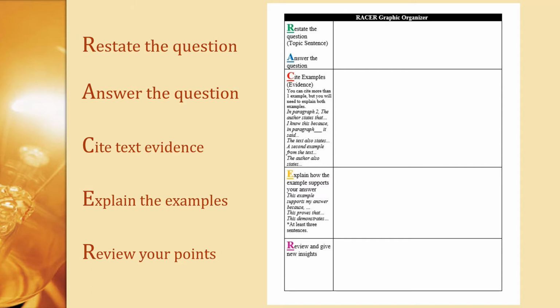The A stands for answer the question. The C stands for cite examples, and I'm going to discuss your evidence and how you do that. The E stands for explain how the example supports your answer, okay? And then the R stands for review and then give new insights, okay? All right, so let's do that.